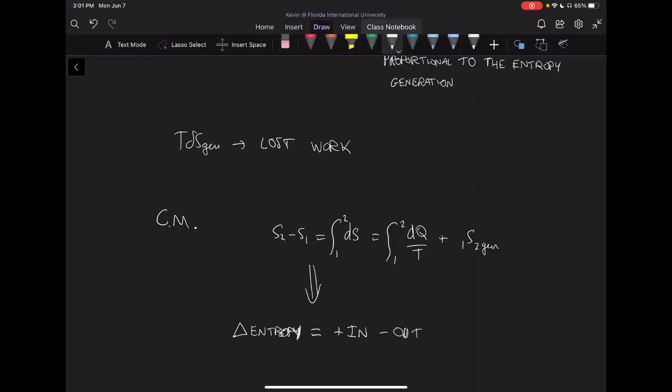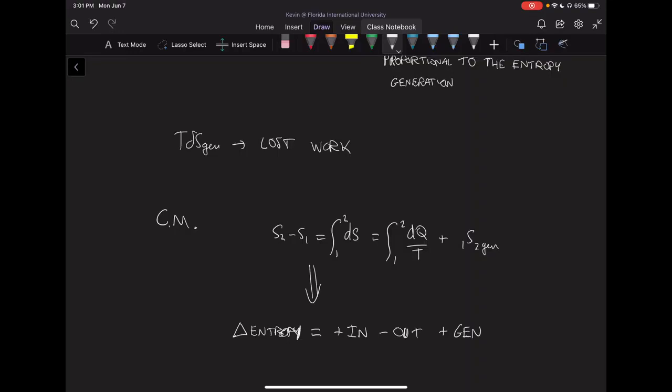So if we have Q in, we're going to have plus in. If we have Q out, we're going to have minus out. And we're going to have plus some generated entropy. And this generation would go to 0 if we have a reversible process. But if we don't have a reversible process, then we have this generation.